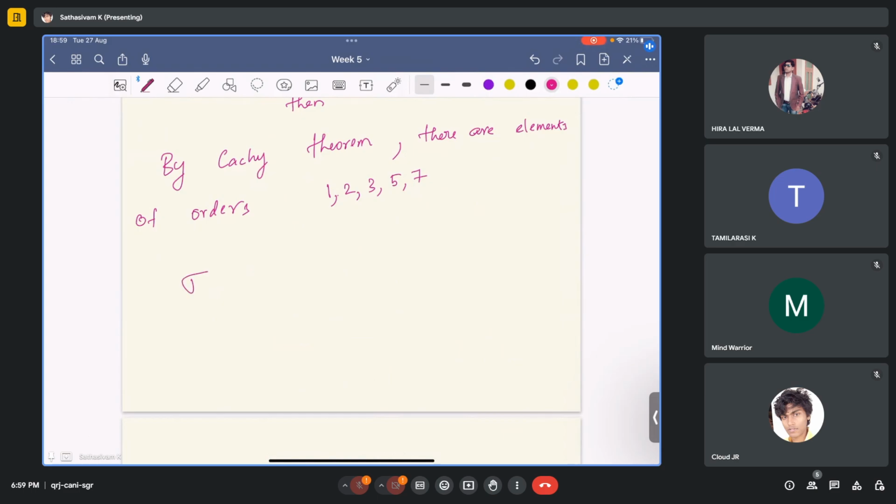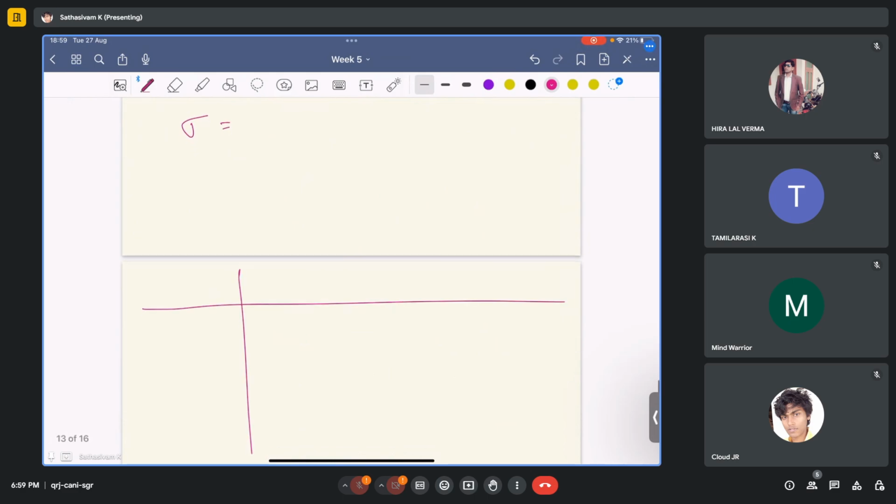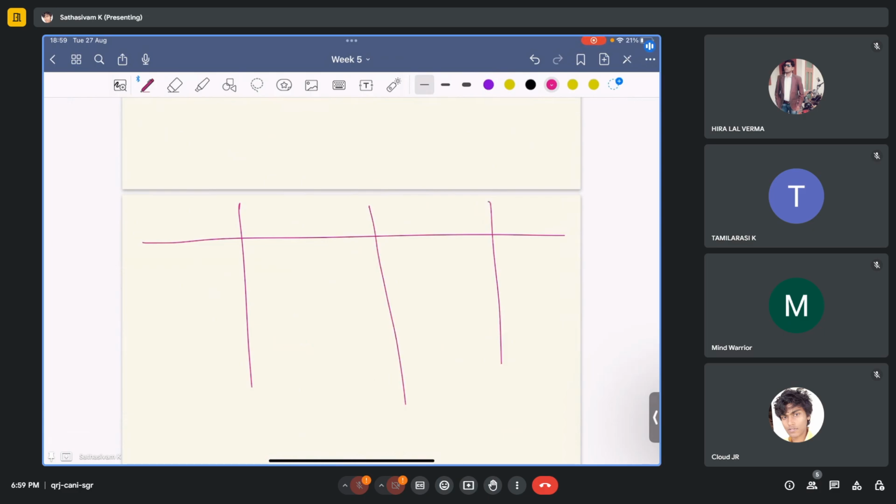So let's say you take a sigma. Now the sigma, I can write as a product of disjoint cycles, right? So let me look at what cycles are possible.